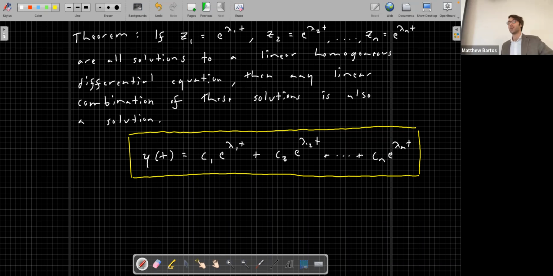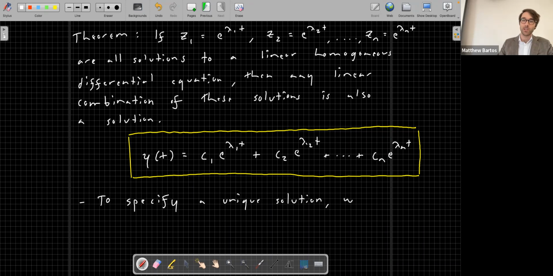Right. So in order to specify a unique solution to our LTI system, we need n boundary and/or initial conditions. Okay, so I'll write: to specify a unique solution, we need n, as in November, boundary or initial conditions.